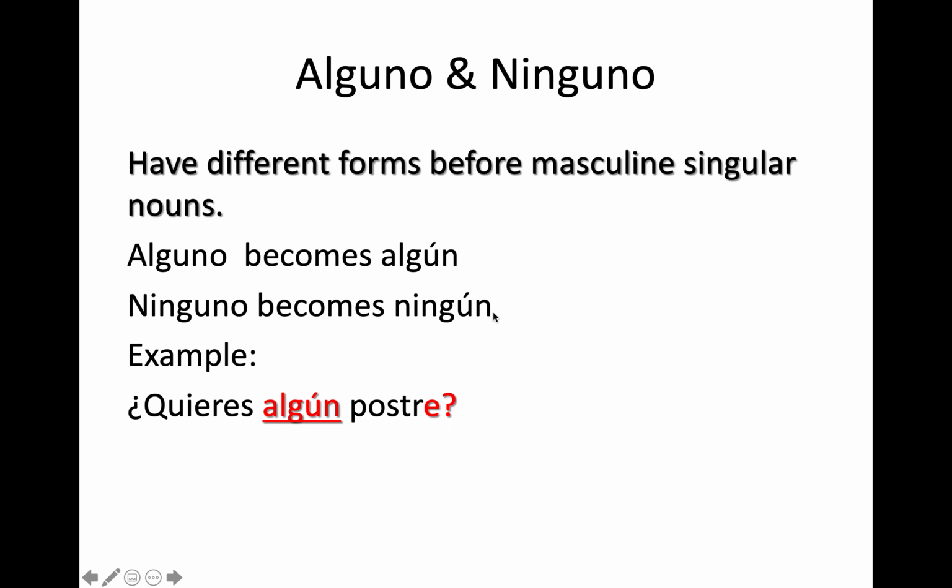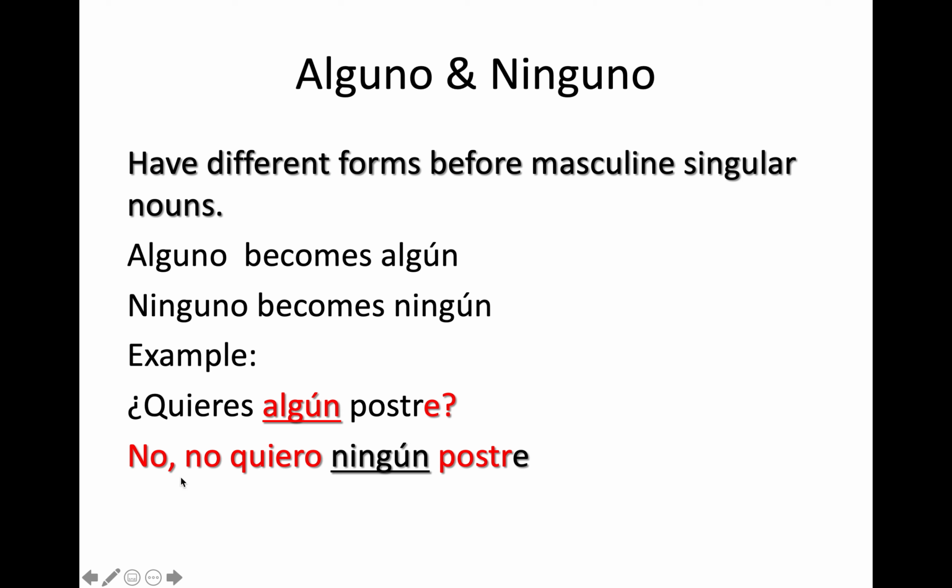Okay, por ejemplo, ¿quieres algún postre? See, I did not say ¿quieres alguno postre? Why did I drop that O? Because postre, which is dessert, is masculine and it's only one. So you have to have algún there and make sure you have the accent mark.